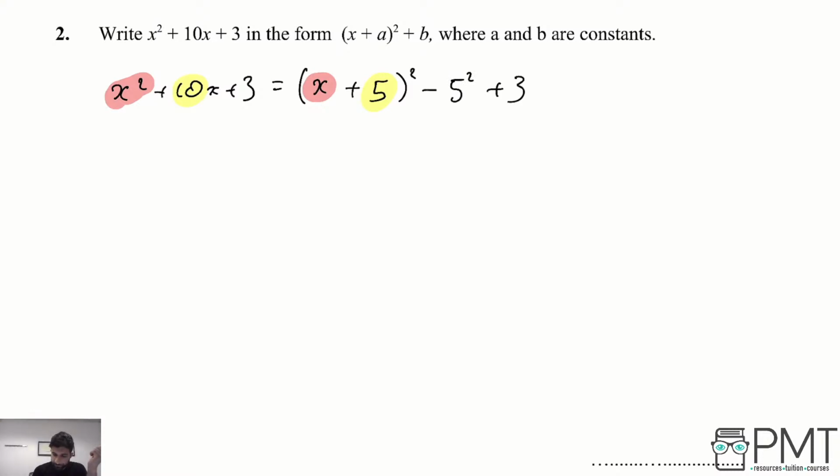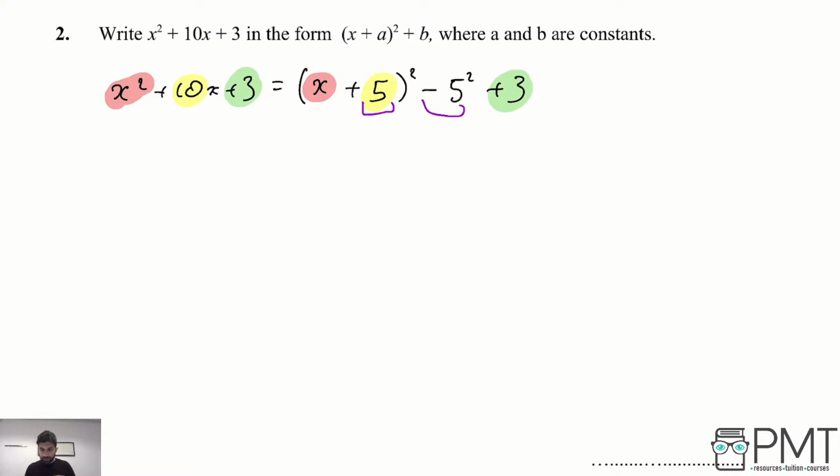So the 3 is that one, and then the 5 squared, taking away 5 squared, is always the square of the second term there. Let's see what we have in the answers. Isabella, a is 5. I agree, thank you.